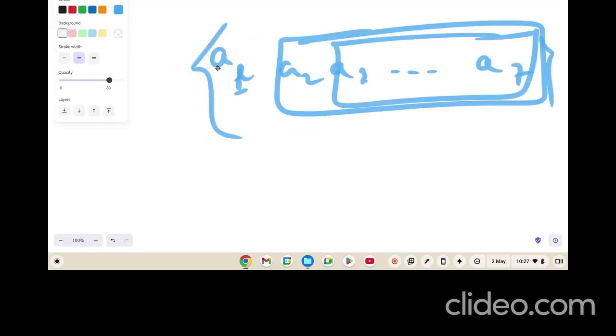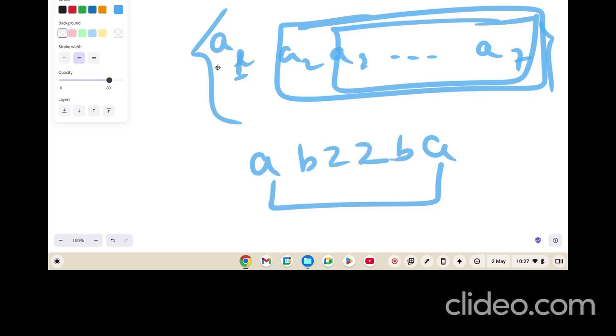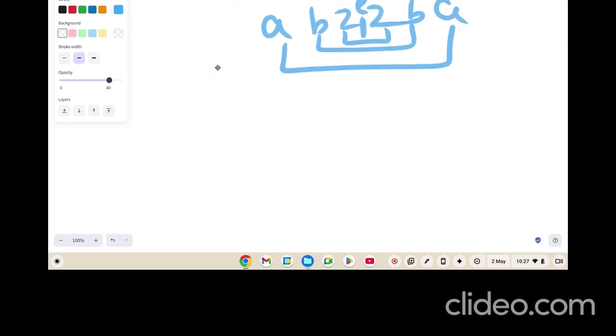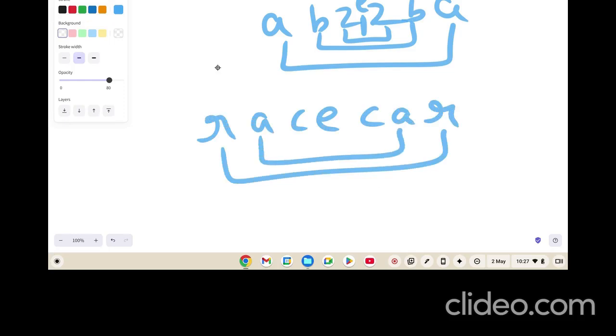Now what is a palindrome? A palindrome is something which reads the same from front to end, like AA, BB, ZZ. If you want a real life example, it is racecar. And I hope this makes sense how this is a palindrome.